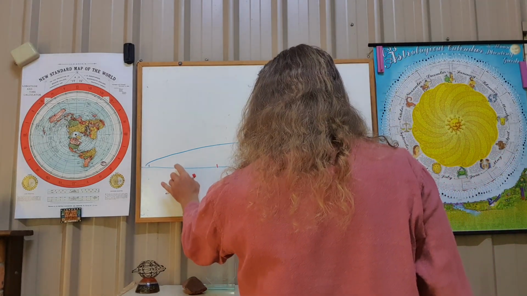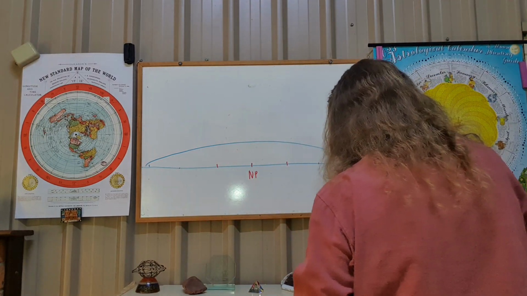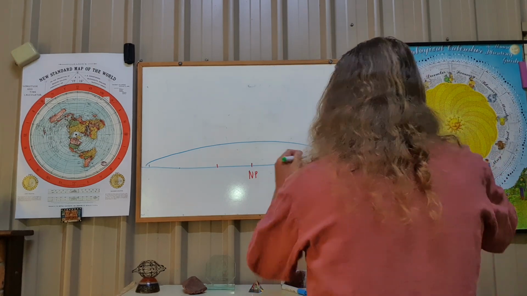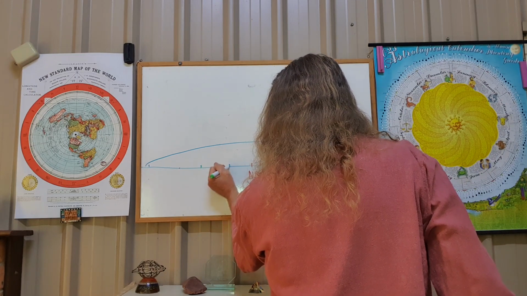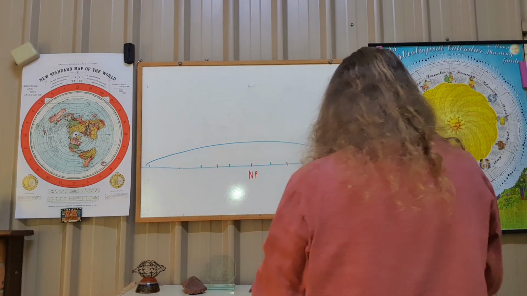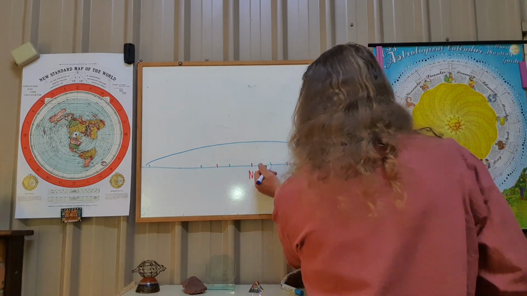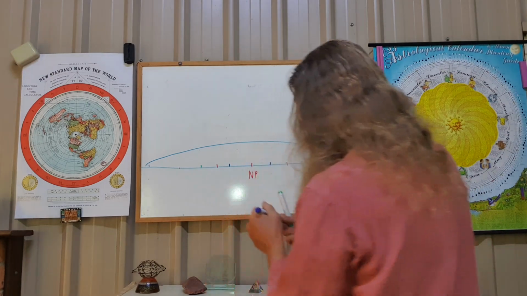No, hang on, wouldn't be that far out. I'm going to try and do this reasonably to scale. There's Tropic of Capricorn, and there's Tropic of Cancer. In fact, Cancer. It's working again now, good.